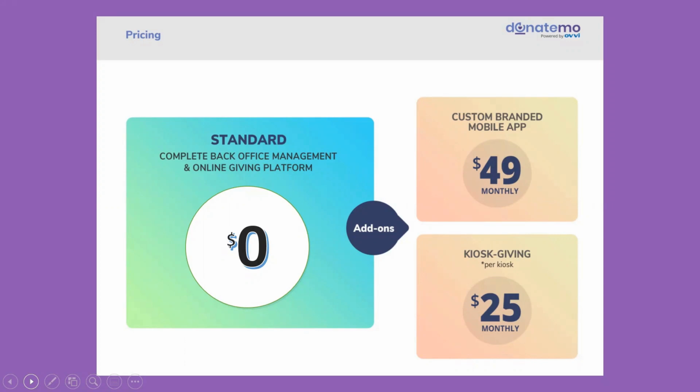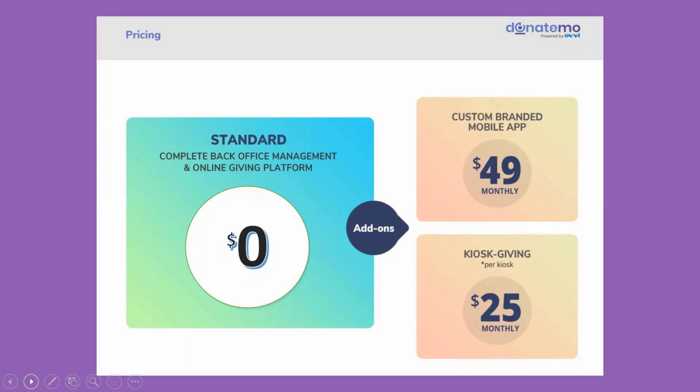And the answer is, for those of you here with me today, as well as those of you watching this webinar after the fact, you're going to receive the back office management and online giving platform for free. You heard that correctly, for free.